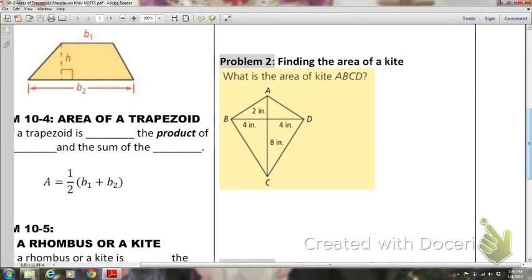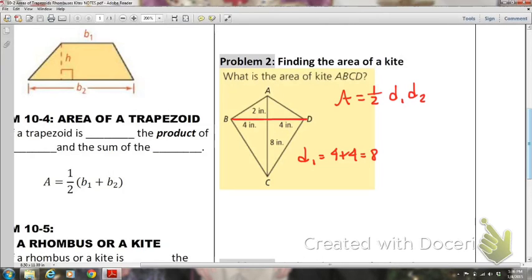Problem 2, you're finding the area of a kite. Here you just need to know that your formula for the area of a kite is going to be half of the product of your diagonals, diagonal 1 times diagonal 2. Now it doesn't matter which one of these is diagonal 1 or diagonal 2. So we'll say that diagonal 1 is the diagonal that's 4 plus 4, which is 8.